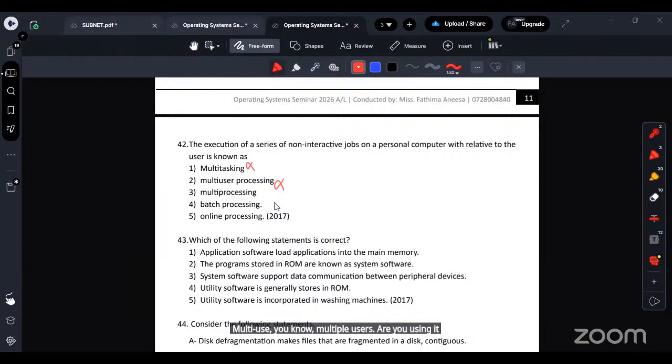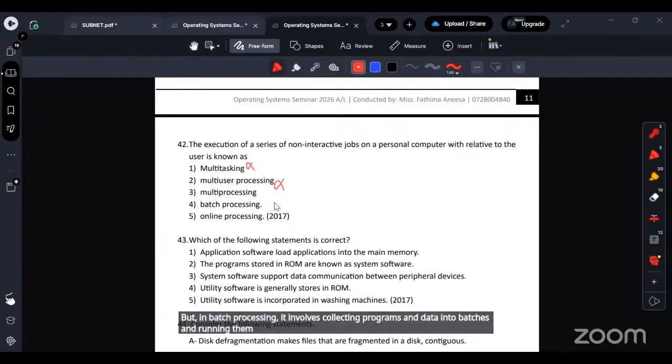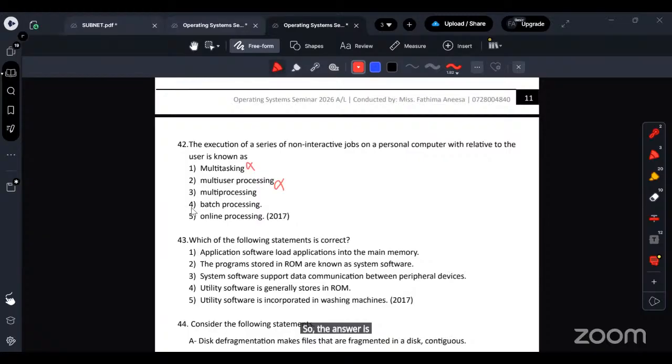Then online processing requires continuous connection and user interaction. But batch processing involves collecting programs and data into batches and running them without user intervention. So the answer is 4, batch processing. Was that clear? Not online, not multiprocessing.